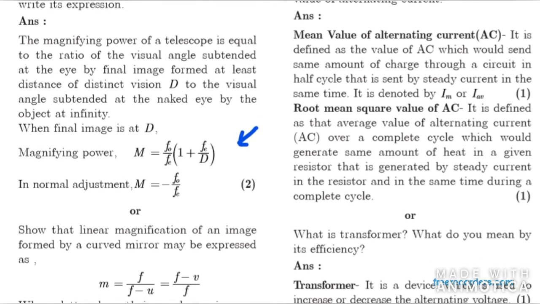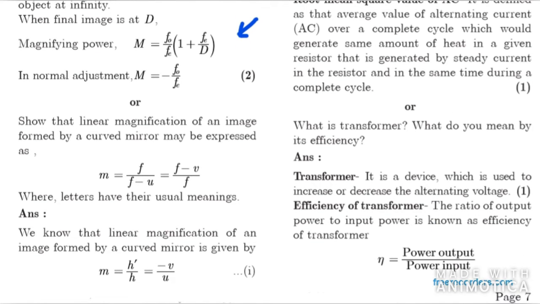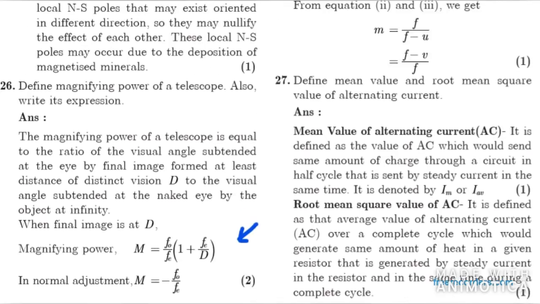Now in the OR part of it, it says show that the linear magnification of an image formed by a curved mirror may be expressed as magnification equals f over f minus u equals f minus v over f, where letters have their usual meanings. As we know from class 10 basics, magnification is equal to h dash over h equals minus v over u.